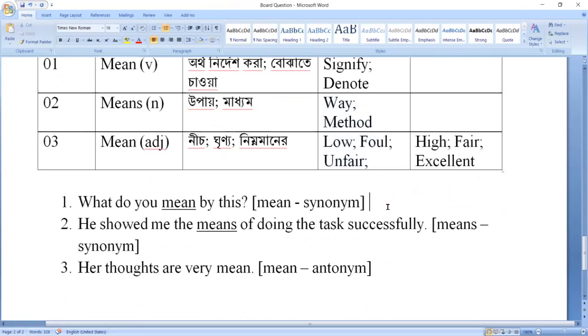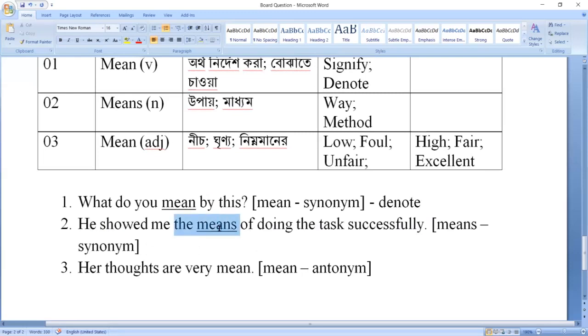Okay, then we can write here the second sentence, which reads like this: he showed me the means of doing the task successfully. That is how one task can be done, the ways were shown to me. অর্থাৎ সে আমাকে কাজটি কিভাবে সরলভাবে করতে হয় তার উপায় দেখিয়ে দিল.